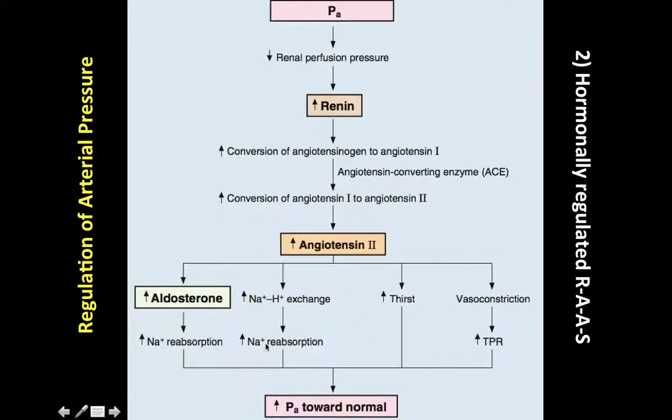So again, let's just say this in other words. When we increase this exchange system, it helps us to increase sodium reabsorption, which is doing a similar thing to aldosterone, and therefore increasing the arterial pressure towards normal.